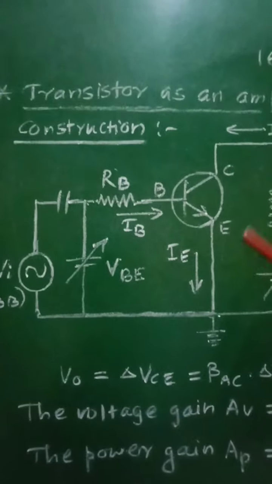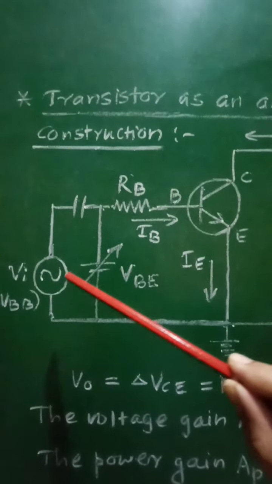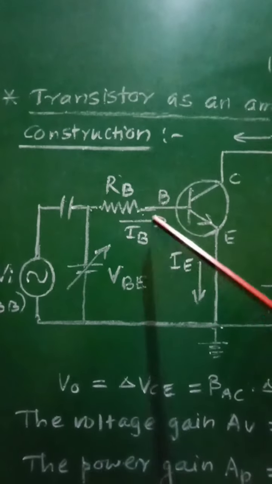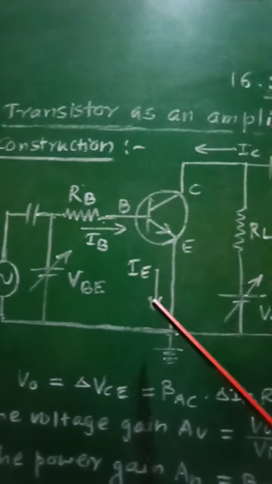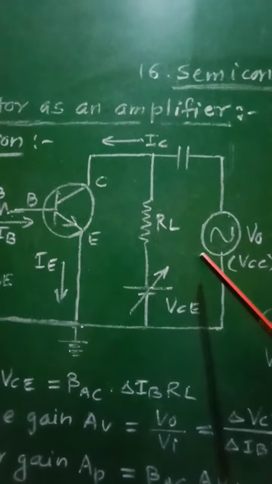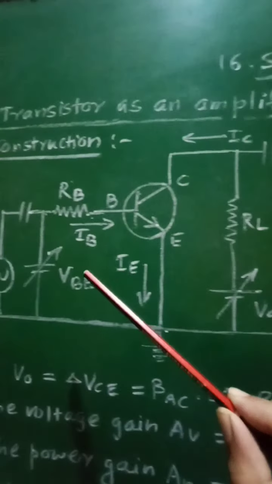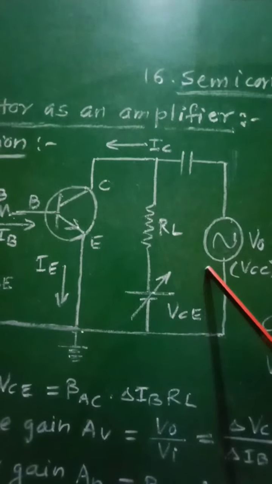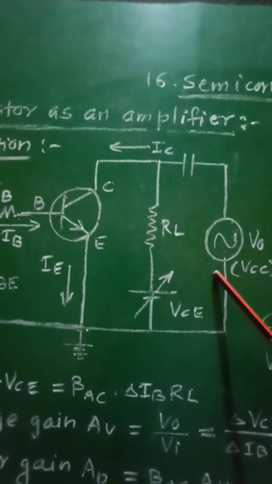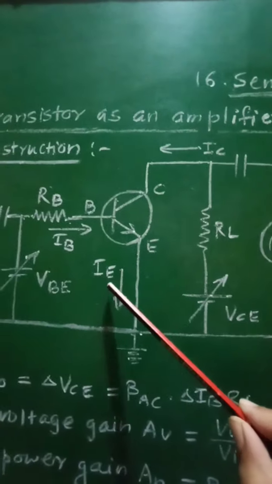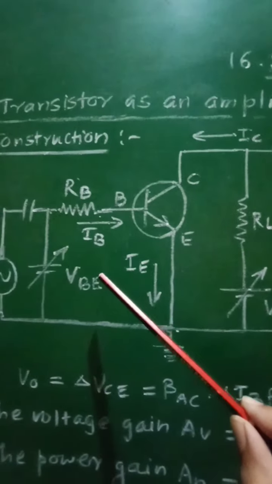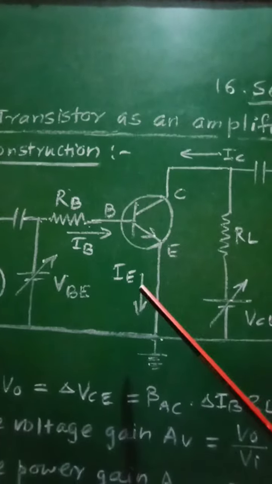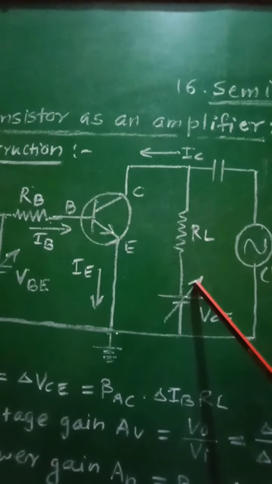That means the AC signal supplied at the input of the transistor will get increased at its output, that is, the magnitude of the input will get increased at the output. That alternating signal will be amplified in terms of voltage, current or power.